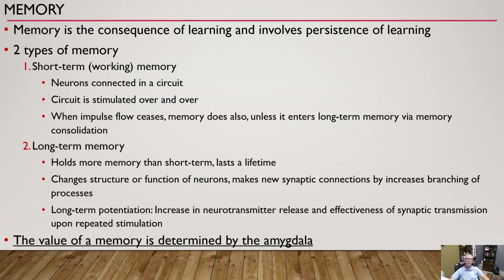All right, short-term versus long-term memory. We actually have more types of memory than just short-term and long-term. However, we're just going to talk about short-term and long-term memory. Short-term memory, we actually call this working memory. Basically, these circuits are stimulated over and over.